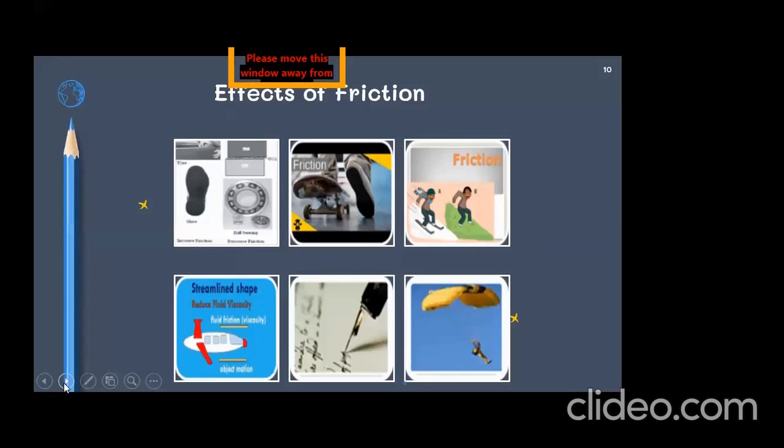Now, effects of friction. First one, can anybody explain this first picture? What is happening in the first picture? In this picture, they are showing the grooves in the sole of shoes, and ball bearings, that is why ball bearings are placed between the sliding surfaces. Can anybody tell me?